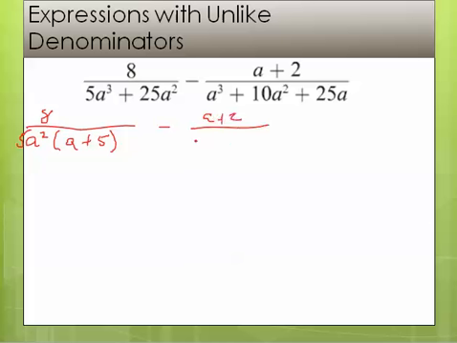And then over here I've got, oh man, that's got an a all throughout, so I'm going to take an a out of it. And that's going to give me an a squared plus 10a plus 25. Oh, you know what? I recognize that one. It's going to be a times a plus 5, a plus 5.